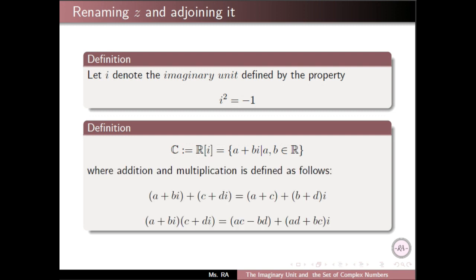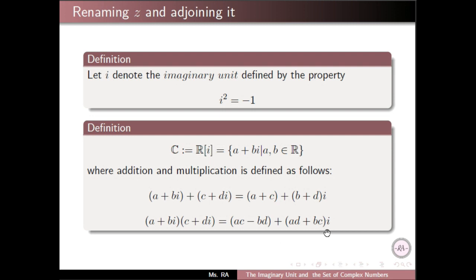With the following properties for addition and multiplication: (a + bi) + (c + di) is just component-wise addition, and for multiplication, we just use the multiplication that we defined a few moments ago.